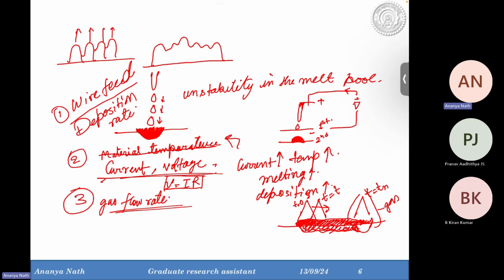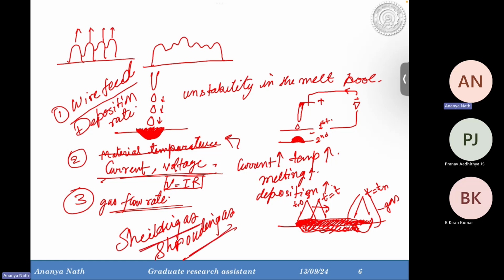At that high temperature also, these gases do not react. This is why we use argon or nitrogen gas in the deposition process as a shielding gas. We also call it shrouding gas.